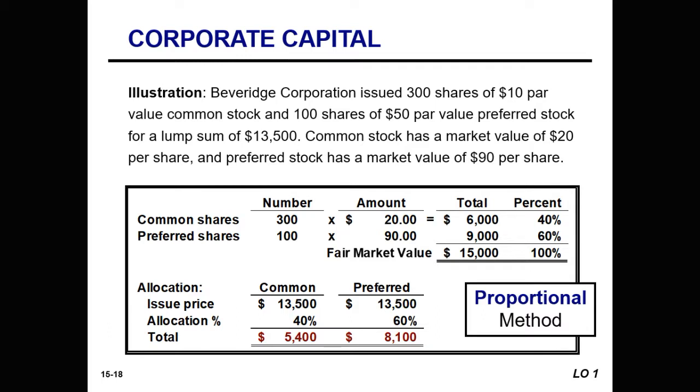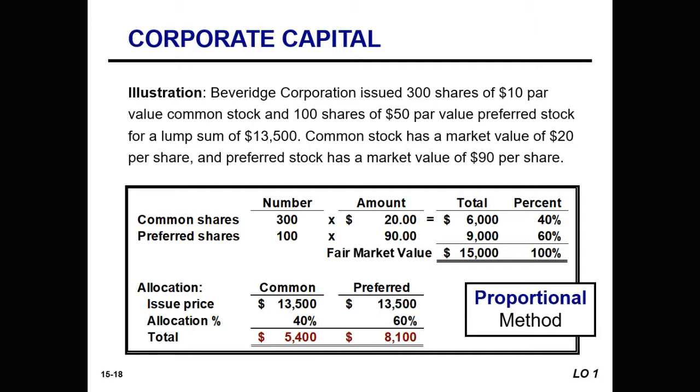So to illustrate this, we're going to take a look at Beverage Corporation, which issued 300 shares of $10 par value common stock and 100 shares of $50 par value preferred stock for one lump sum payment of $13,500.